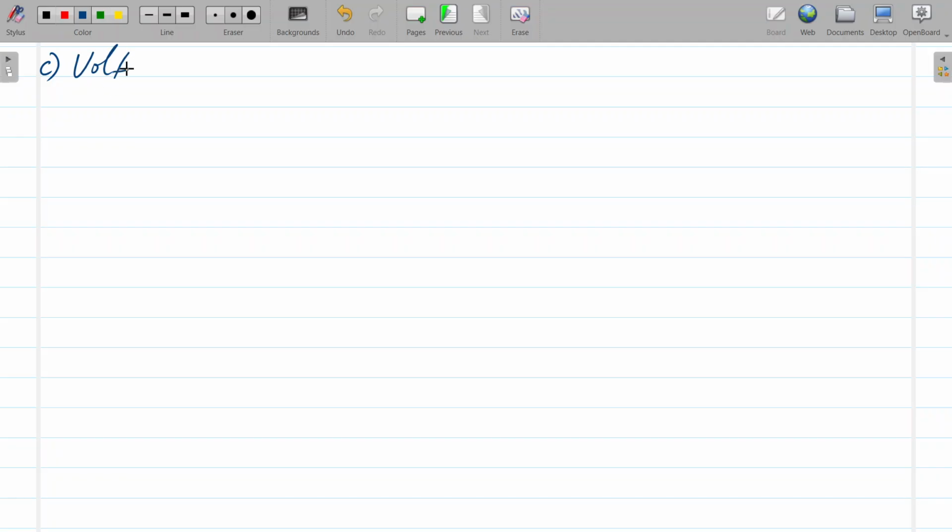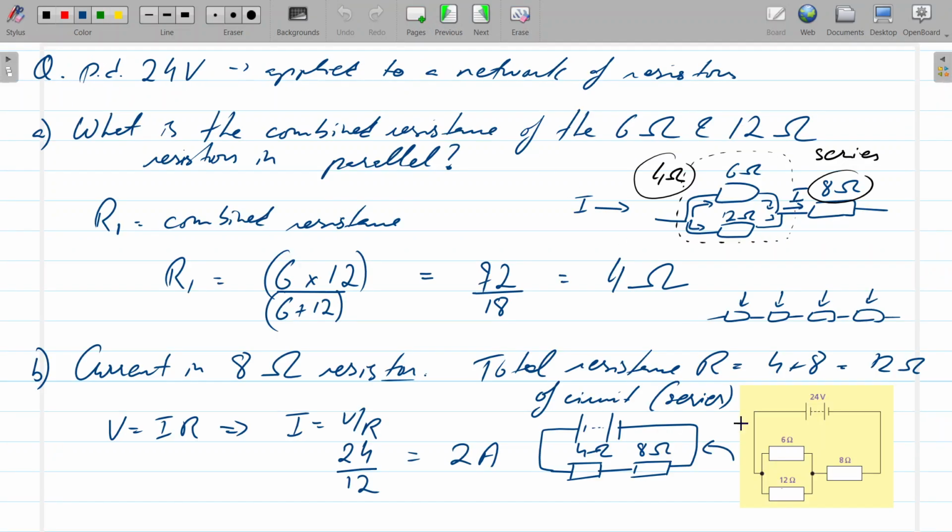So voltage across parallel network. And what this question means is, again, they're talking about the voltage across this whole thing.